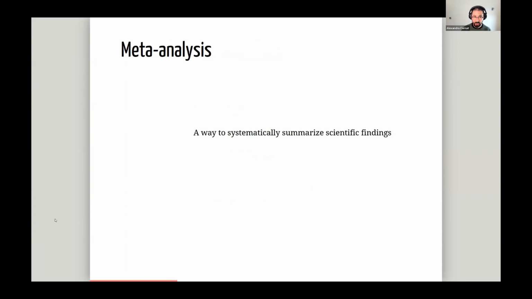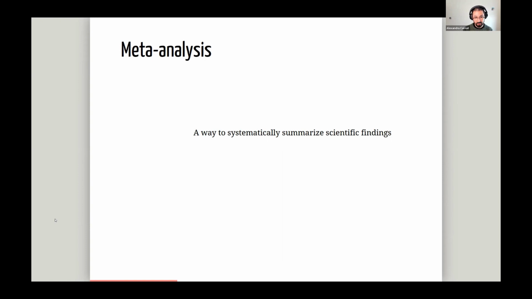So maybe some of you have heard of meta-analysis, but the idea of this approach is just to systematically summarize all the available scientific knowledge on a particular topic. Again, this is very popular in health research, where there's lots of ongoing research coming up on very particular topics.